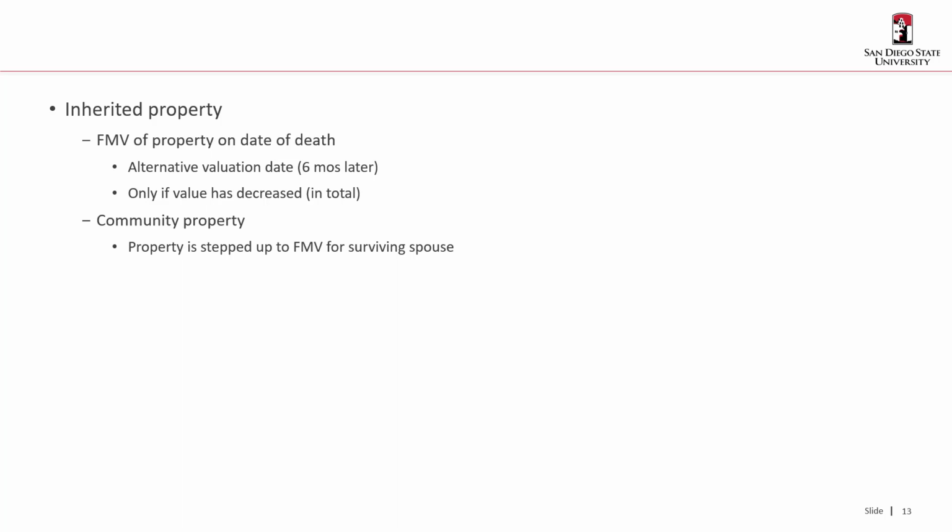They can't do an item by item election. It's either everything or nothing. And there are special rules for community property, which is that the property is stepped up to the fair market value for the surviving spouse. And I think the book does an adequate job of explaining why exactly that is the case.